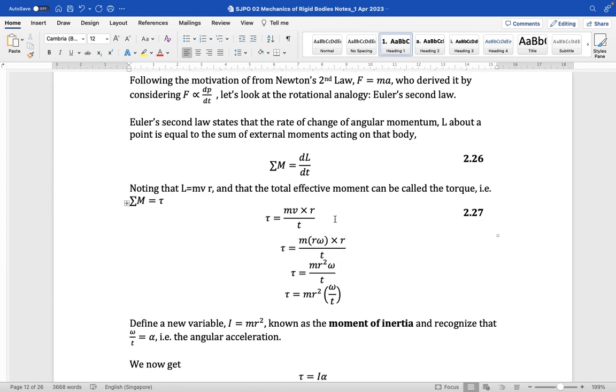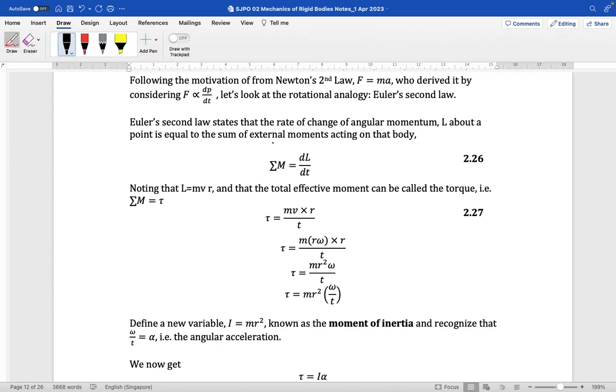And the total effective moment can be called torque, which is basically mv times r over t. This is a Greek letter that we call tau.